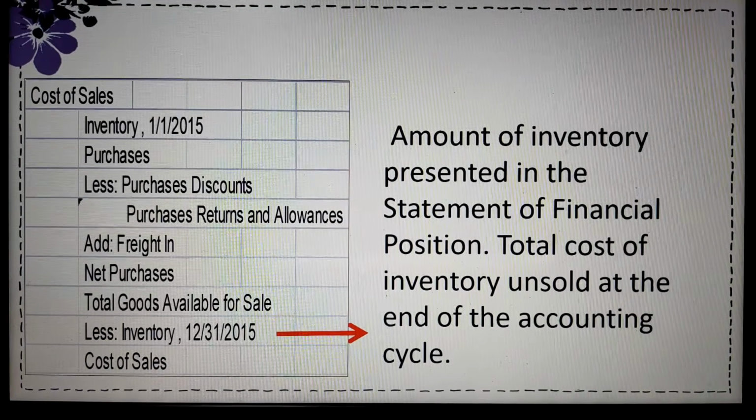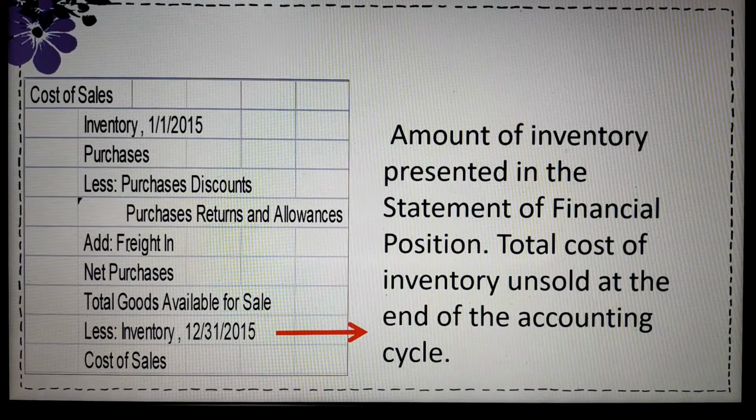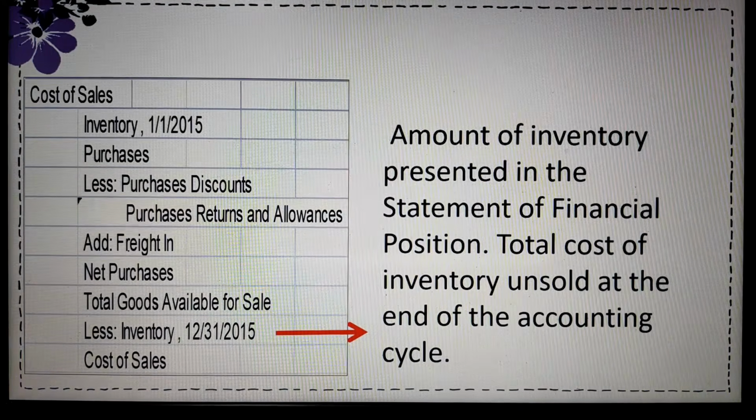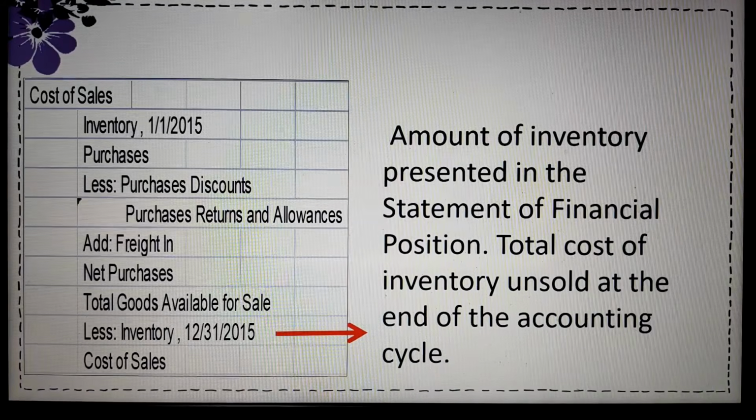Okay. So inventory, the ending inventory is the amount of inventory presented in the statement of financial position. Total cost of inventory unsold at the end of the accounting period. So when the company is a calendar year end, at the end of the calendar year end, which is December 31, 2015, in any year, mag-ihap gyud mo ana kung pila ang mga nabilin nga mga goods and products sa inyong merchandising business. Okay, mao na siya ang ending inventory.